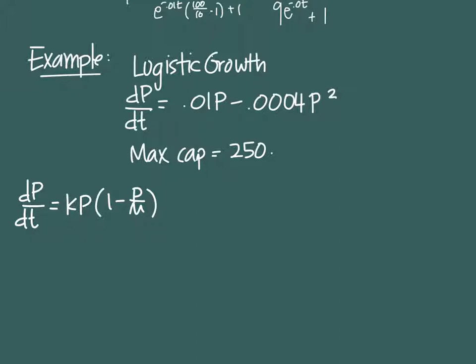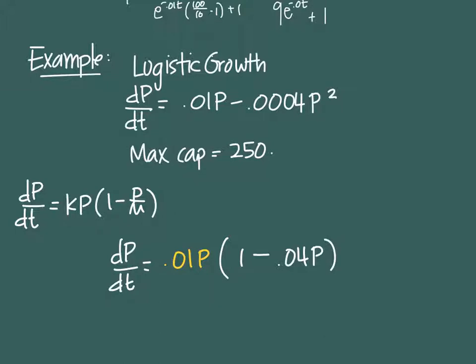0.01P, right? If I want it to be 1 minus, I'm going to factor out 0.01P. That's going to leave me with 1 minus what? If you factor 0.01 out of 0.0004, it's just division. 0.0004 divided by 0.01 leaves you with 0.04P.